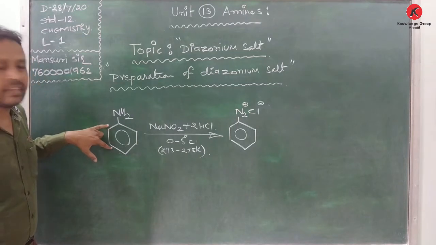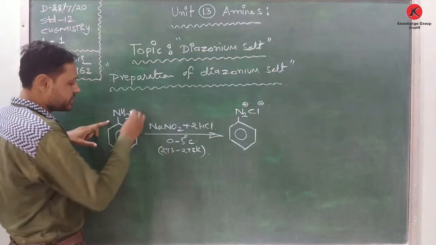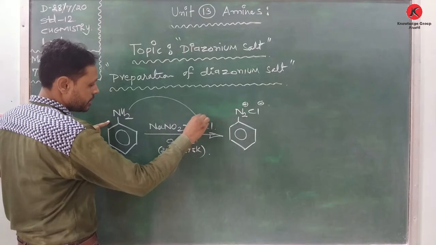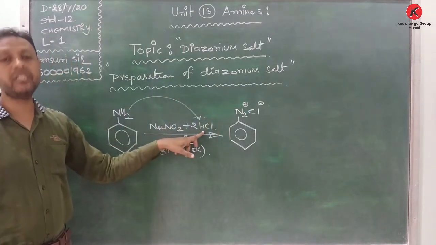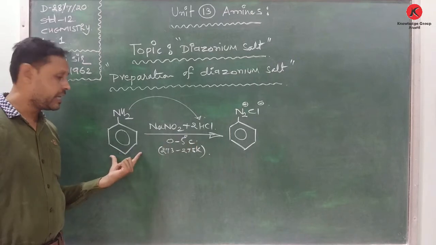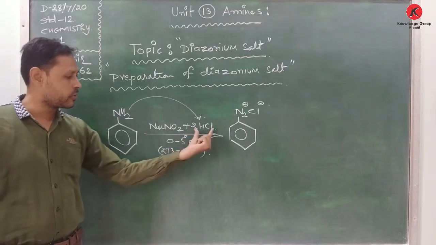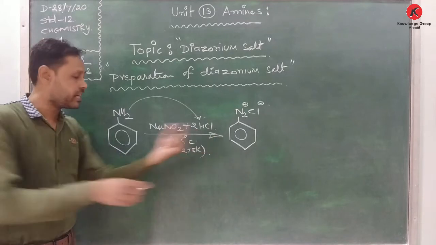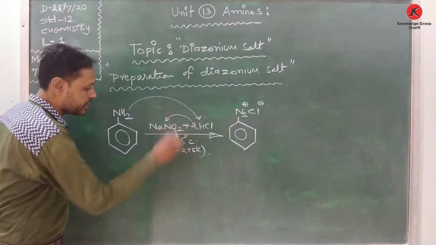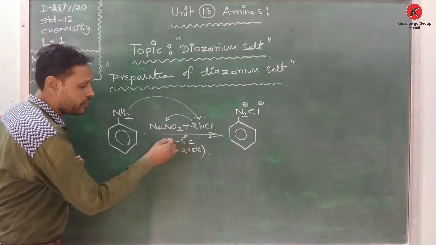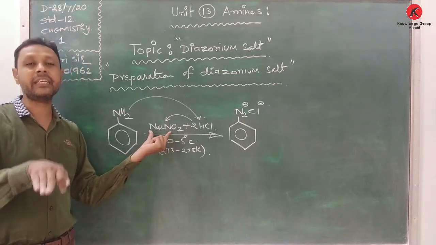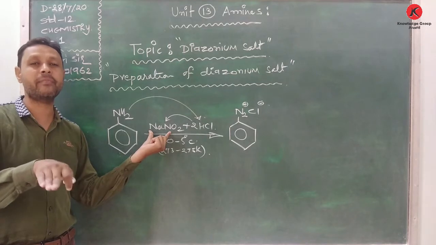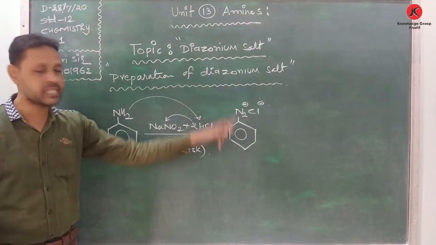Here aniline is first dissolved in hydrochloric acid, and thereafter by maintaining the temperature 0 to 5 degrees and gradually adding NaNO2, sodium nitrite, B.D.C is formed.